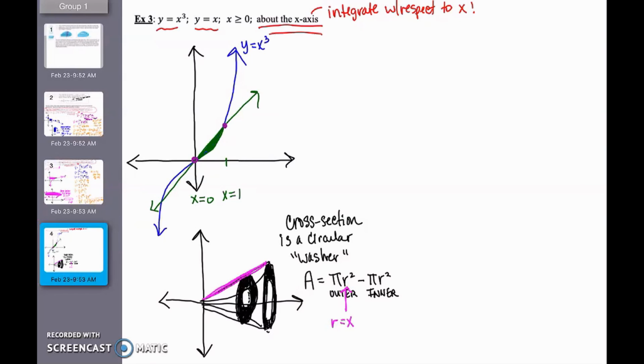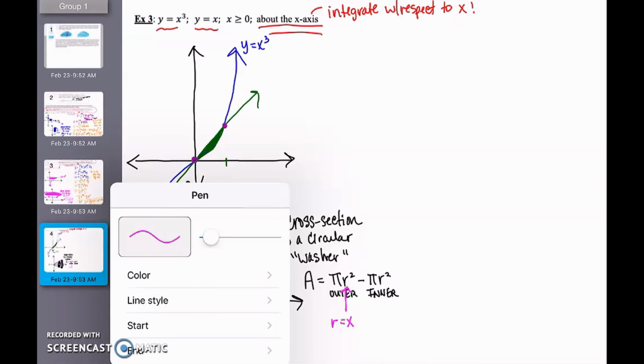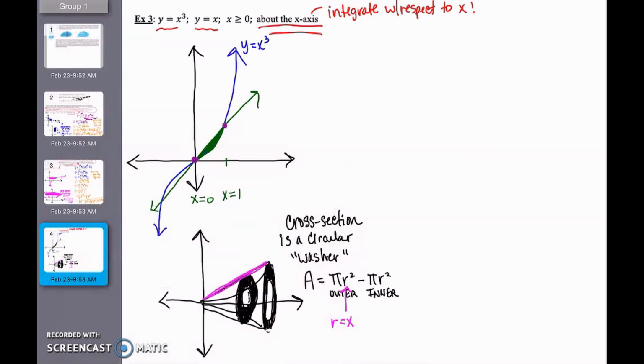And then the radius for our inner function, which again is the inside of our washer, comes from the line y equals x cubed. So here, sorry, that's hard to see, the radius is x cubed.